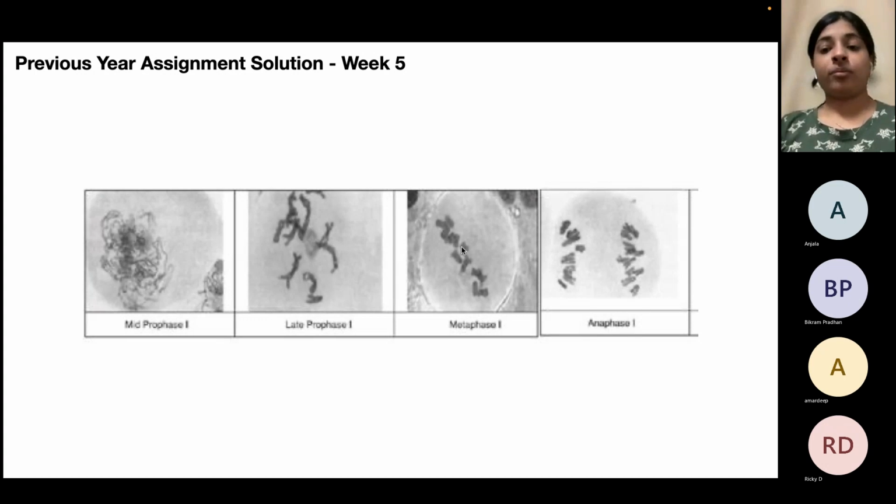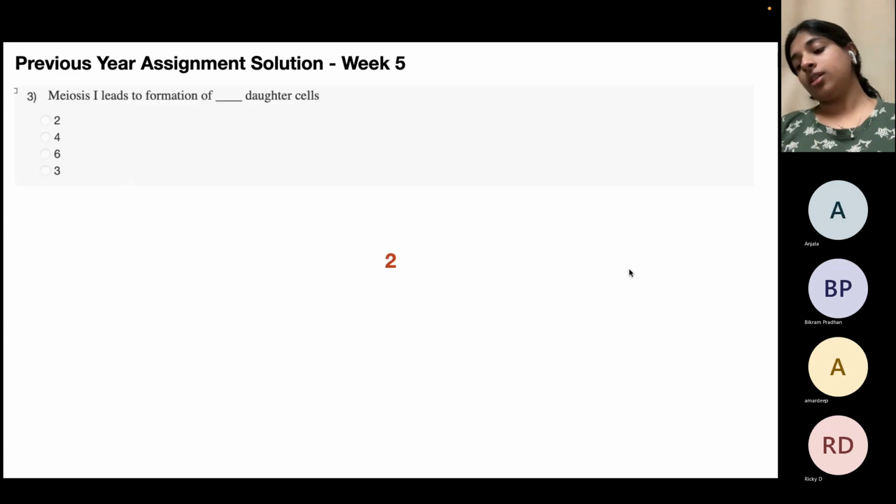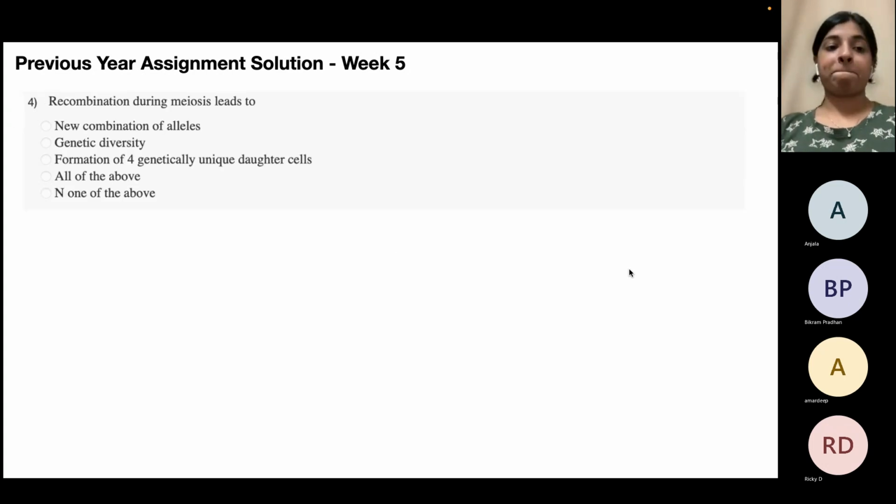Then there is metaphase forming, wherein again we can very clearly visualize that the sister chromatids are being transported together to one daughter cell, and ultimately resulting in two daughter cells. So meiosis 1, which is the first cycle of meiotic division, results in the formation of two daughter cells.